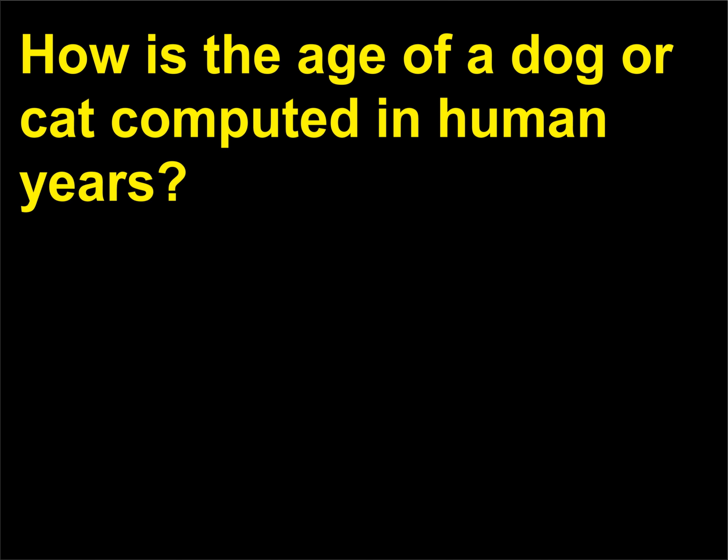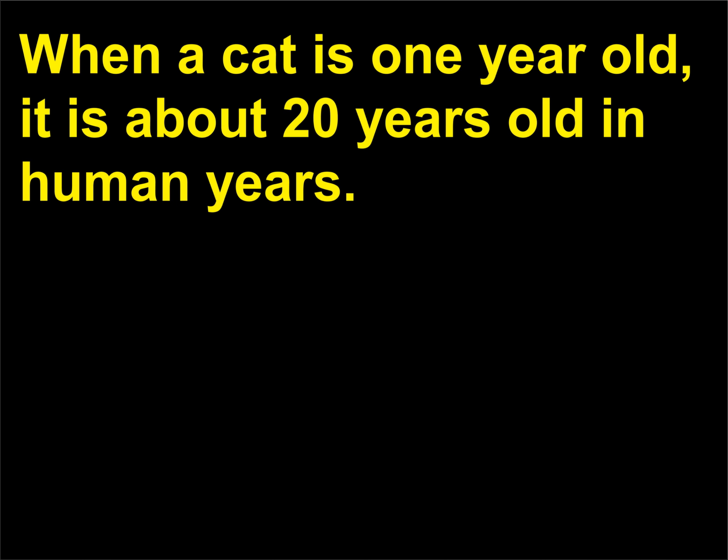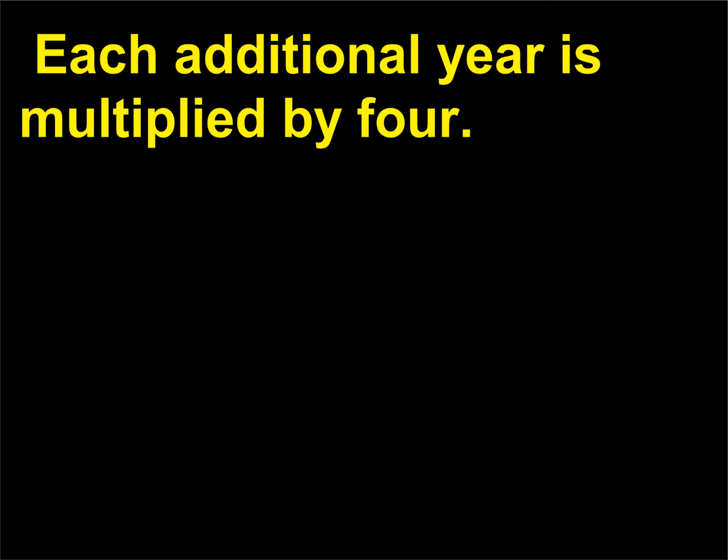How is the age of a dog or cat computed in human years? When a cat is 1 year old, it is about 20 years old in human years. Each additional year is multiplied by 4.